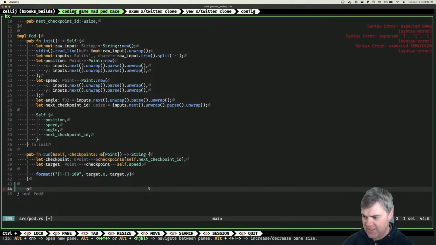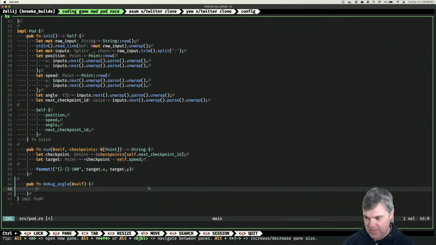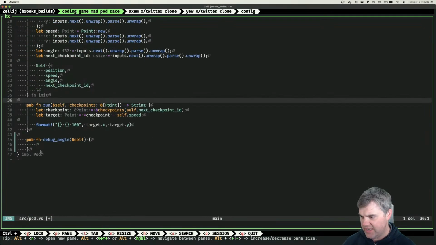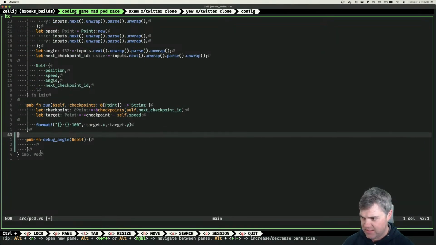What if I just have a pub function debug angle? Oh, I have the angle here and it's public. Never mind, I don't need to do an entire debug for this.